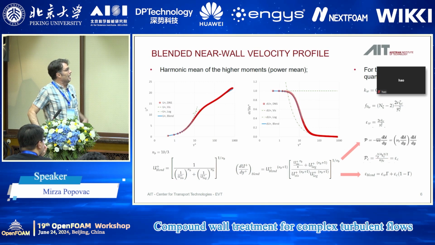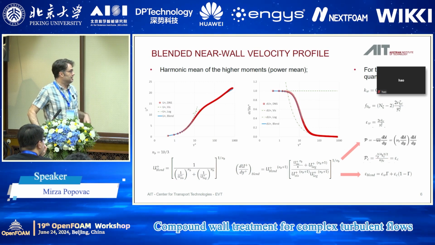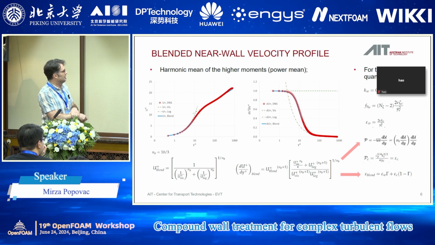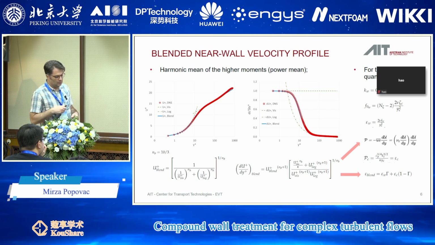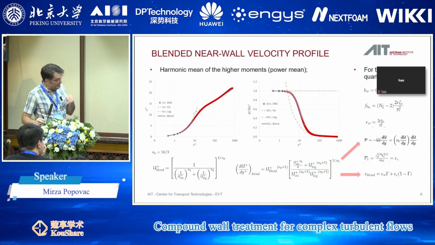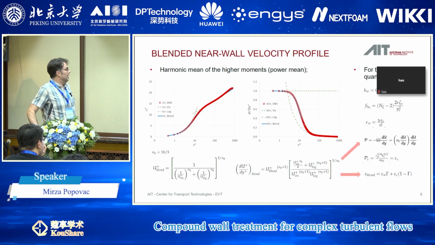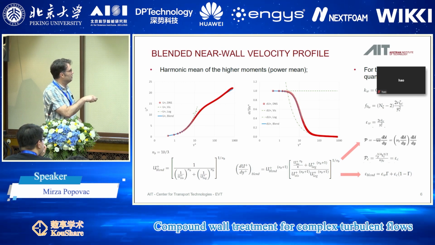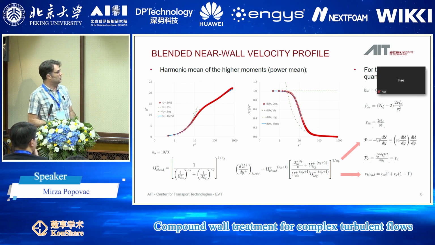By taking the harmonic mean of the higher moments, so treating these normalized velocities as higher moments, so not kinetic energy, but already power, in case of 3, you get actually a very nice and smooth distribution of the velocity throughout the boundary layer.